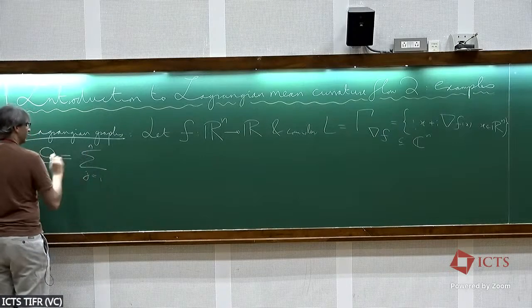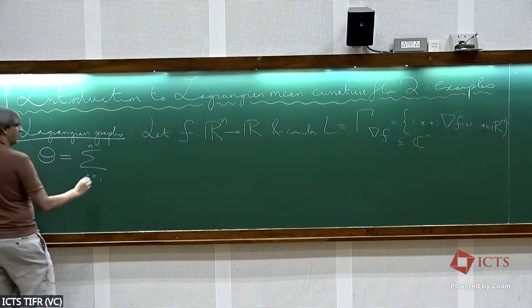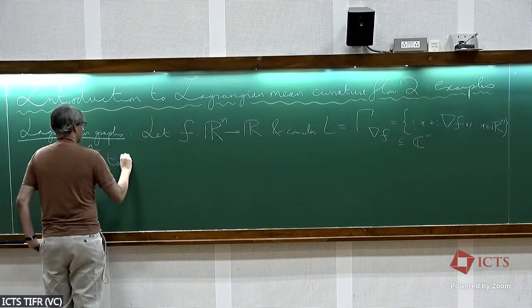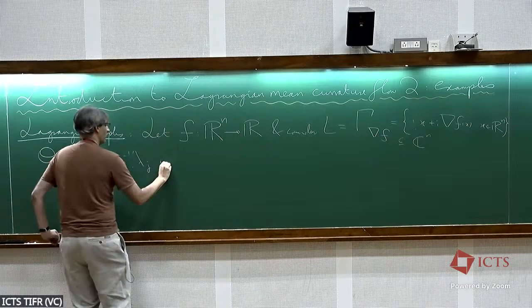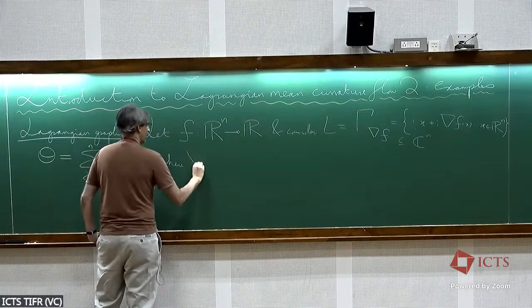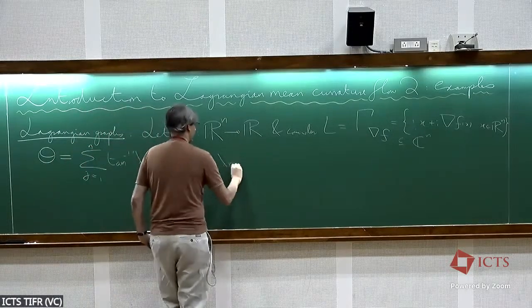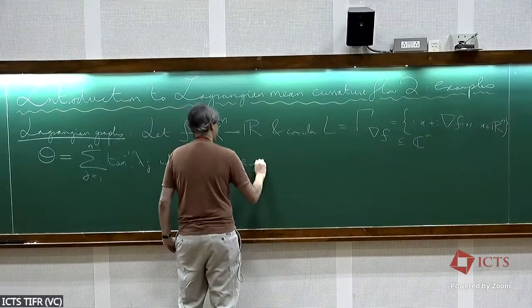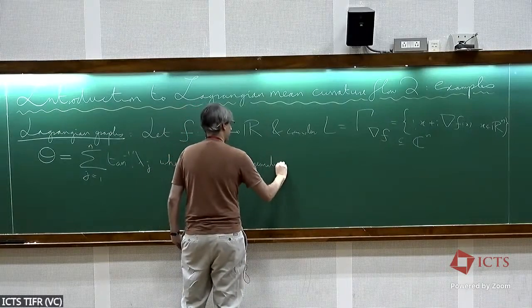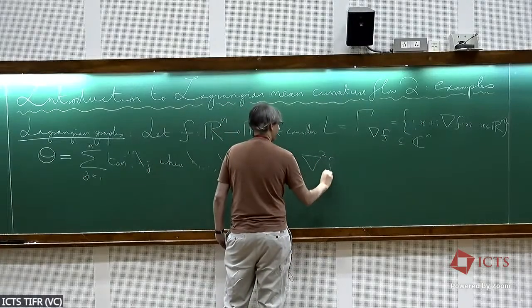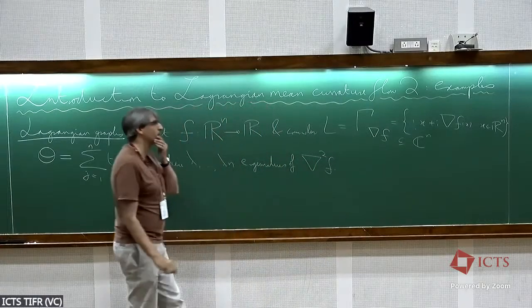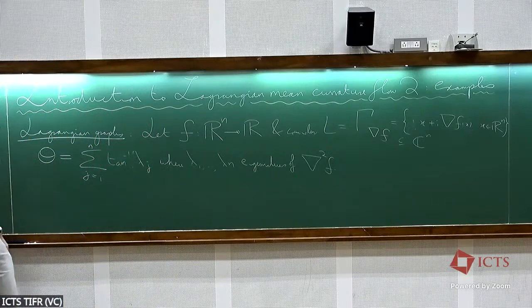It's the sum, j equals 1 up to n, of the arctangent of lambda j, where lambda 1 up to lambda n are the eigenvalues of the Hessian of f. Okay. So it's the sum of the arctans of the eigenvalues of the Hessian of f.